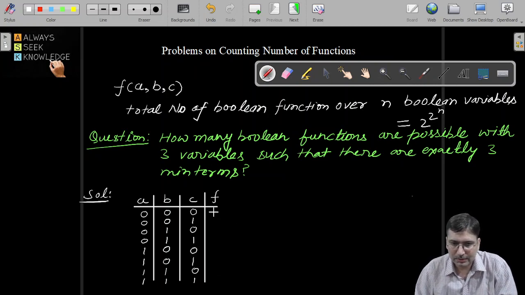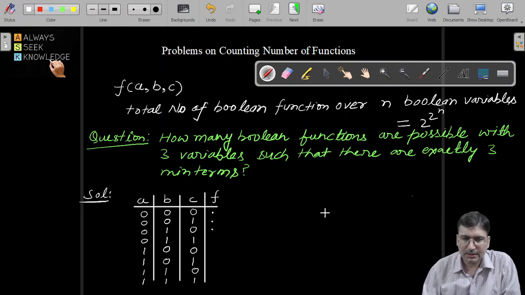So any 3 places. Maybe the very first place is high, second is high, third is high, and the rest of the places are low. That means these 3 are 1 and the remaining are 0. Or this is 0 but this is 1, this is 1, this is 1. Any 3 places should be high. So this is the question. How can we find out?